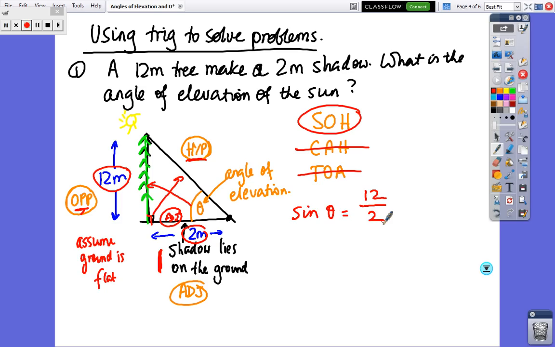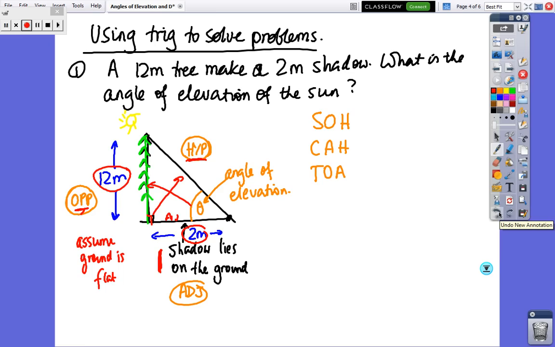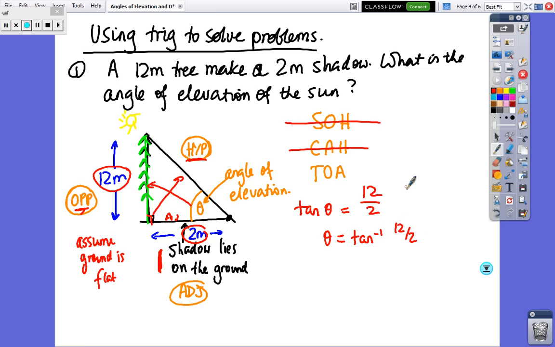I've just made a mistake, so let's go back. We do have the adjacent, we don't have the hypotenuse, so we can't use sine and we can't use cos. Sorry for that. So we have tan theta equals 12 over 2, so theta equals tan minus 1 of 12 over 2, which is equal to 6.